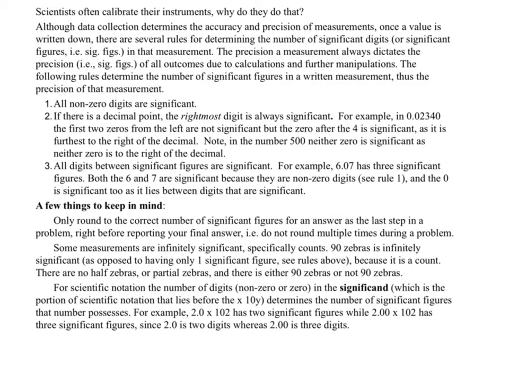For instance, if we're talking about a meter stick, right? A meter stick is going to be able to measure meters, then decimeters, then centimeters. It probably has millimeter marks on it as well, and to some extent you can approximate roughly the space between the millimeter marks.